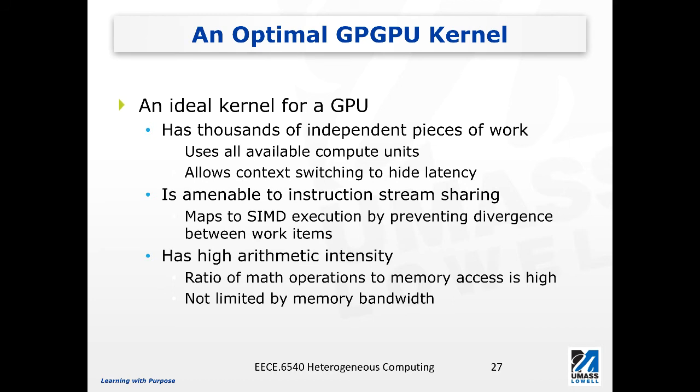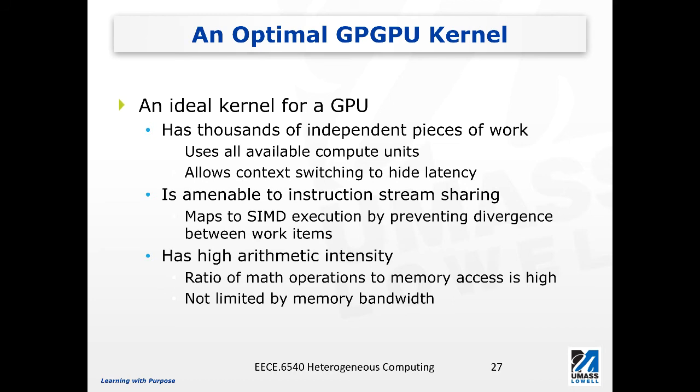Also, the cores should be amenable to instruction stream sharing. We said earlier that divergence of the program execution path may potentially cause waste of cycles in these SIMD cores. So we should really try hard to prevent divergence between work items. We would like the work items to perform the same operations as much as possible.